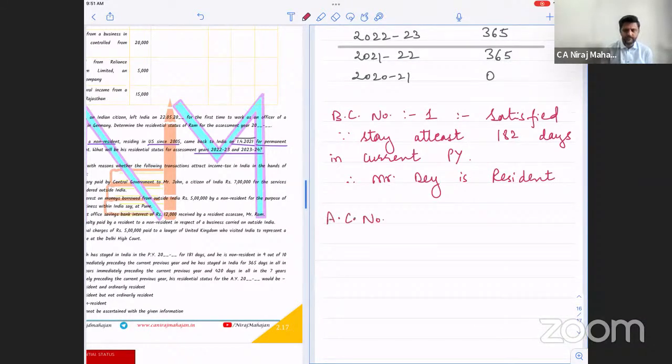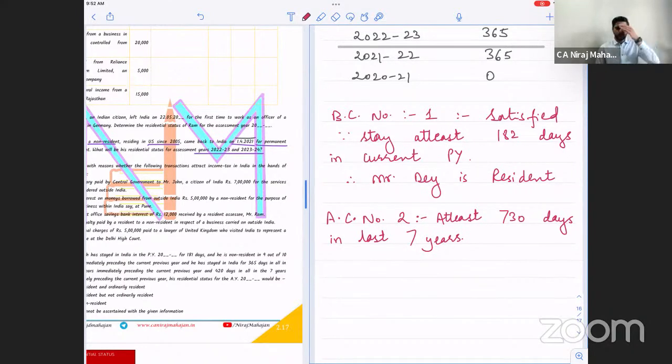Additional condition number, whichever you want to take. You can take 2 also now. Tell me, at least how many days? 730 days in last 7 years. Satisfied or not satisfied? Tell me. Not satisfied. Why, but how many days are there actually? For PY 21-22, for the year we are determining, the question is what?